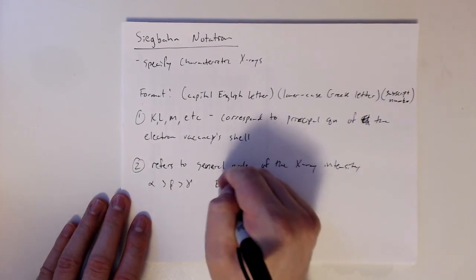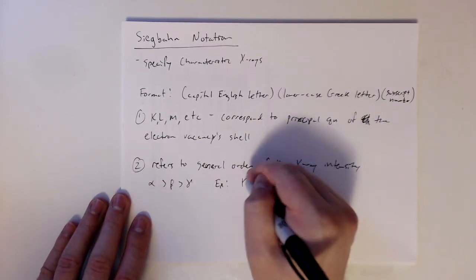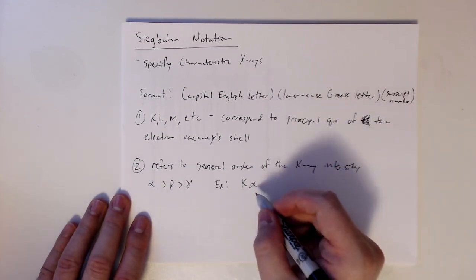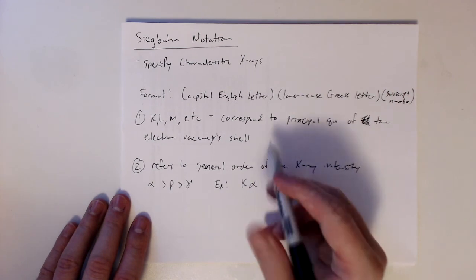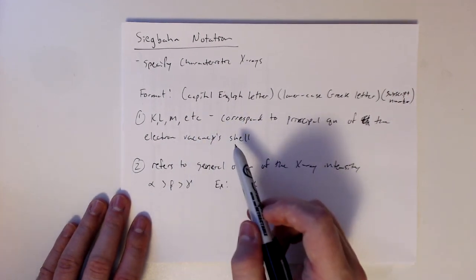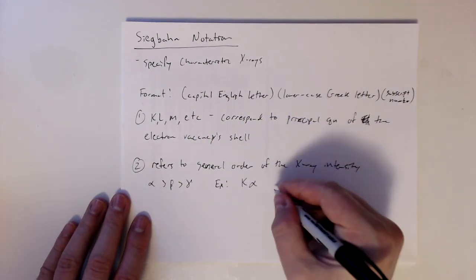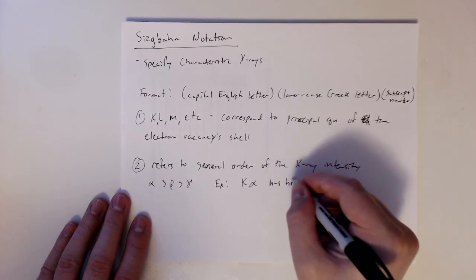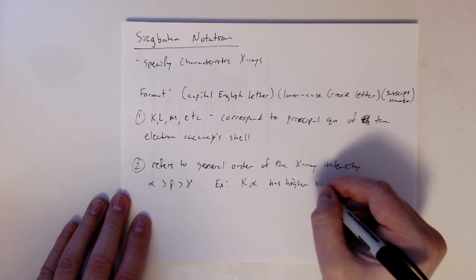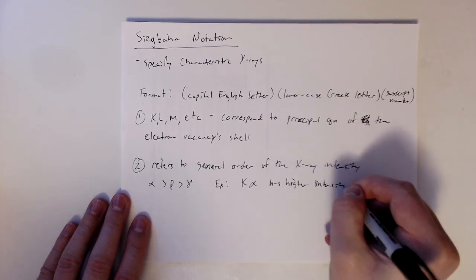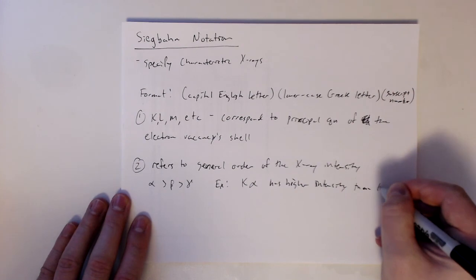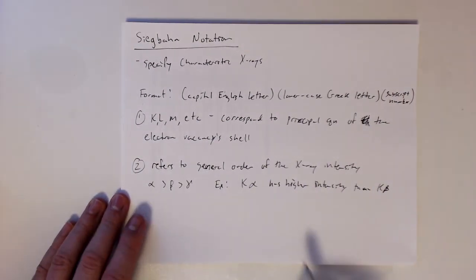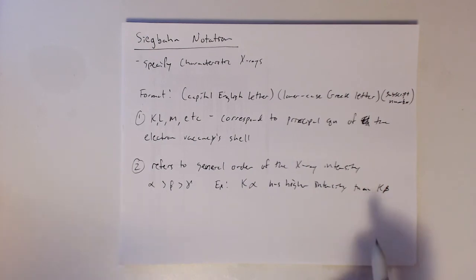So an example of that is the K alpha is the highest intensity of those K intensities. So K alpha has higher intensity than K beta. So this is something we saw when we talked about filtering of these different sources.